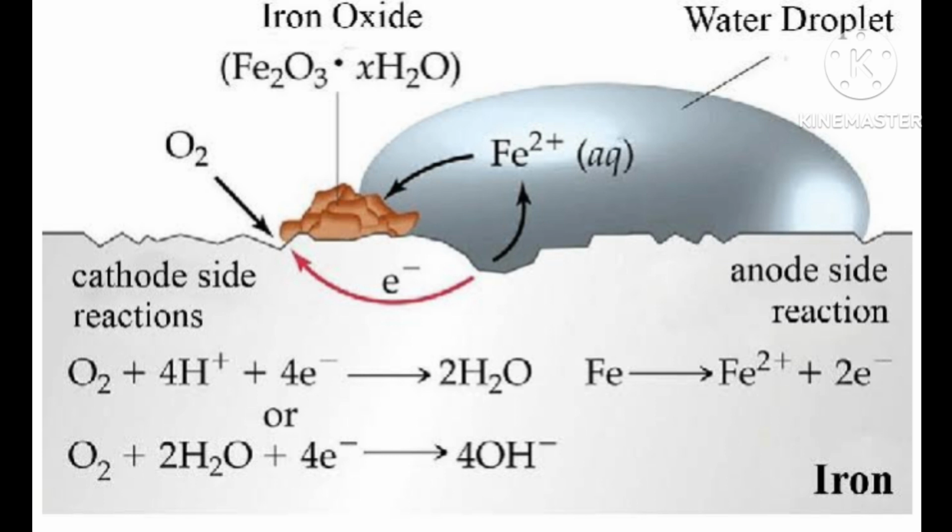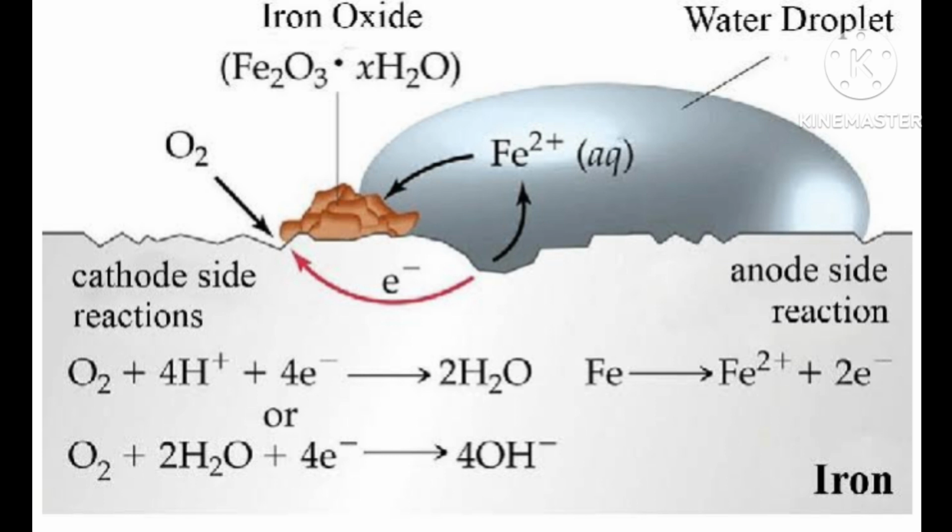Zn, in comparison to iron or any other metal, oxidizes fast. When air comes, suppose one layer you have put of Zn, or that metal is joined with a Zn rod, then what will happen?